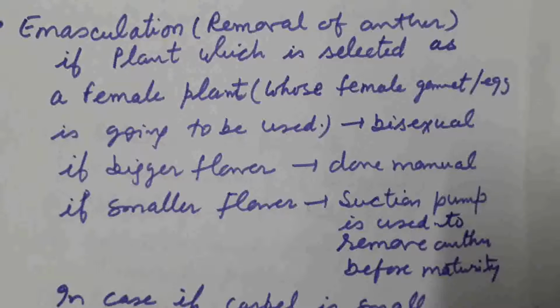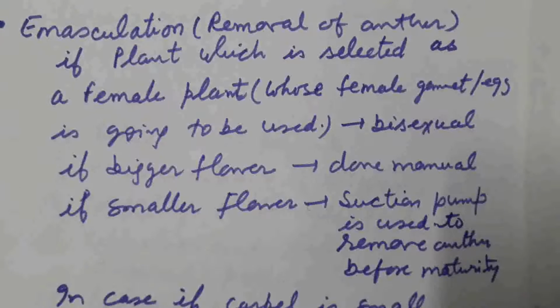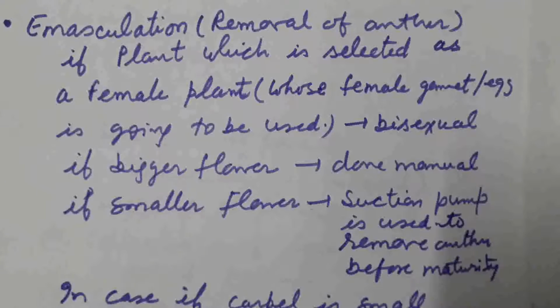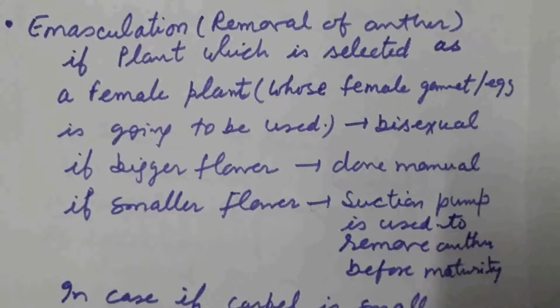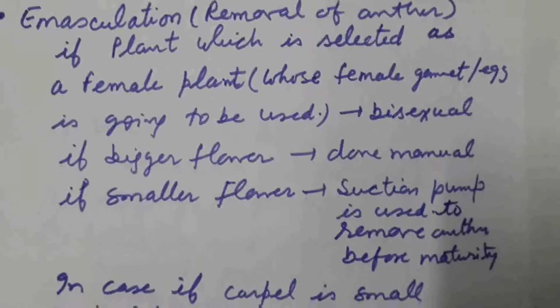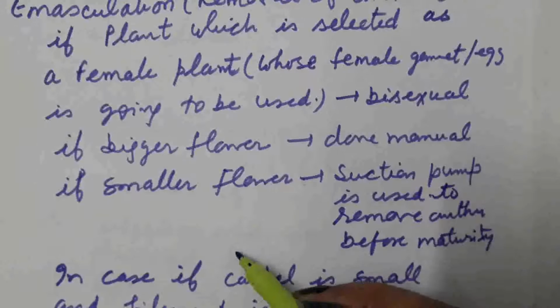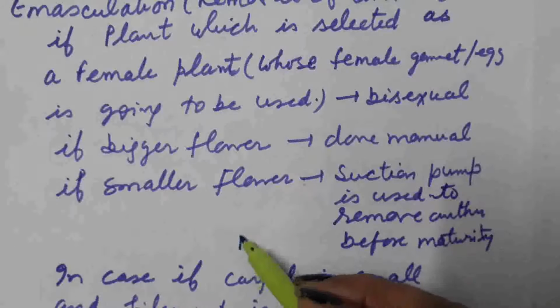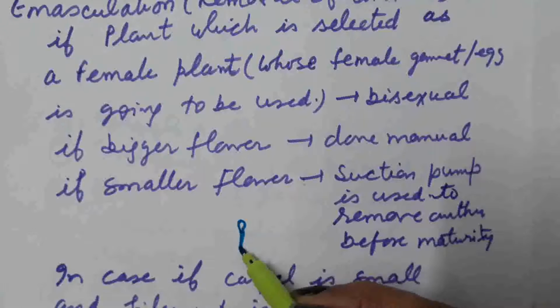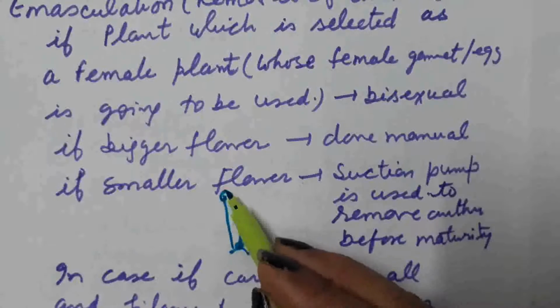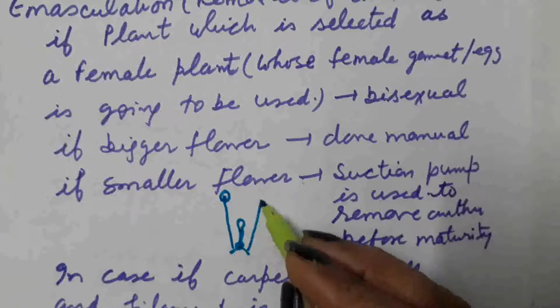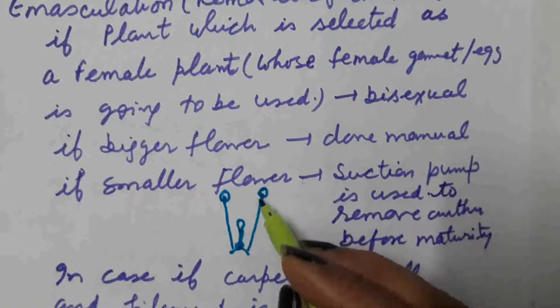The third technique we can use for emasculation is in case the carpel is small and the filament is very long. This is the carpel present on the receptacle, and the anther is present on the filament. The filaments are very long.